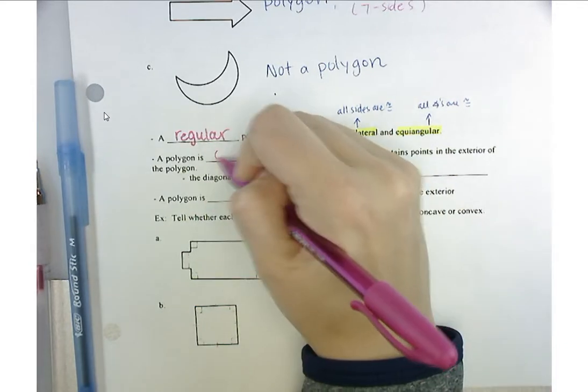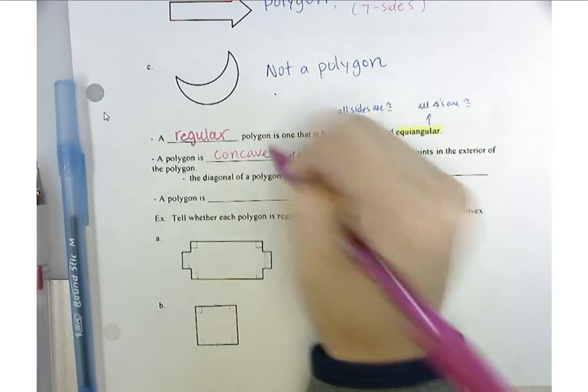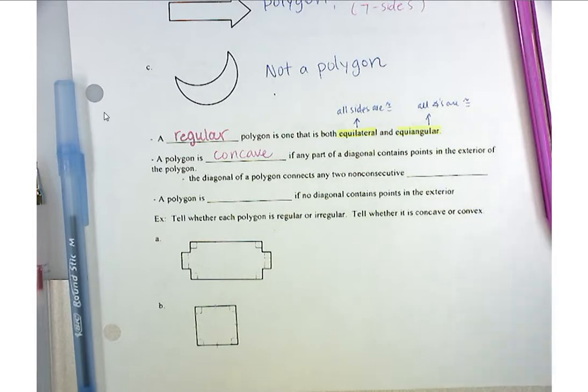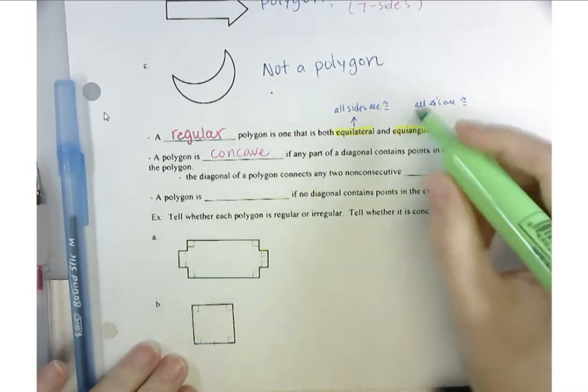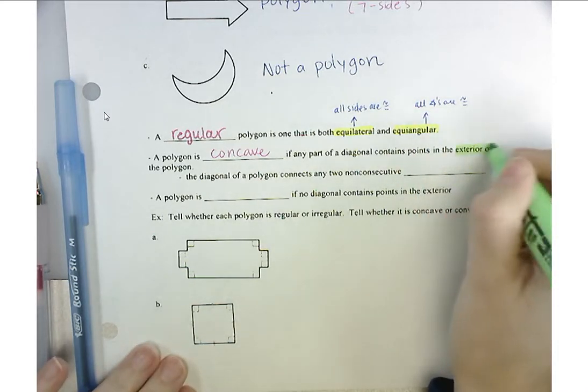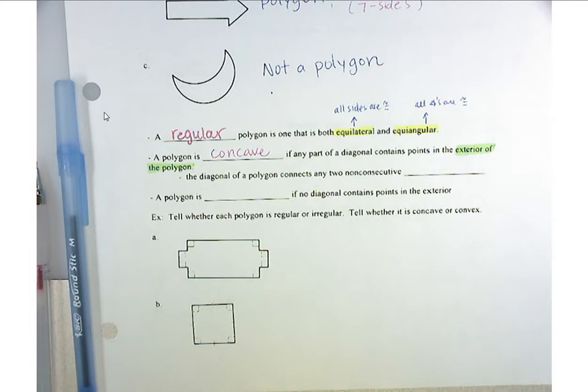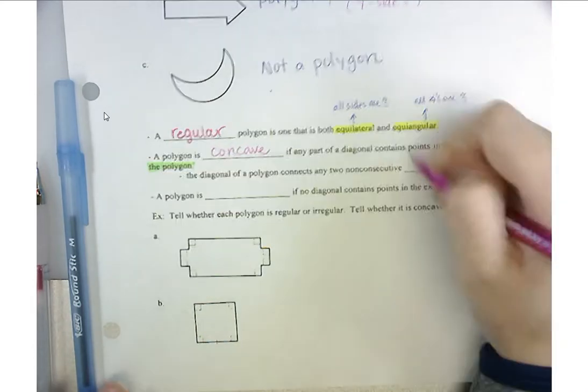If it is concave, it says any part of a diagonal contains points in the exterior of the polygon. And it says the diagonal of a polygon connects any 2 non-consecutive vertices.